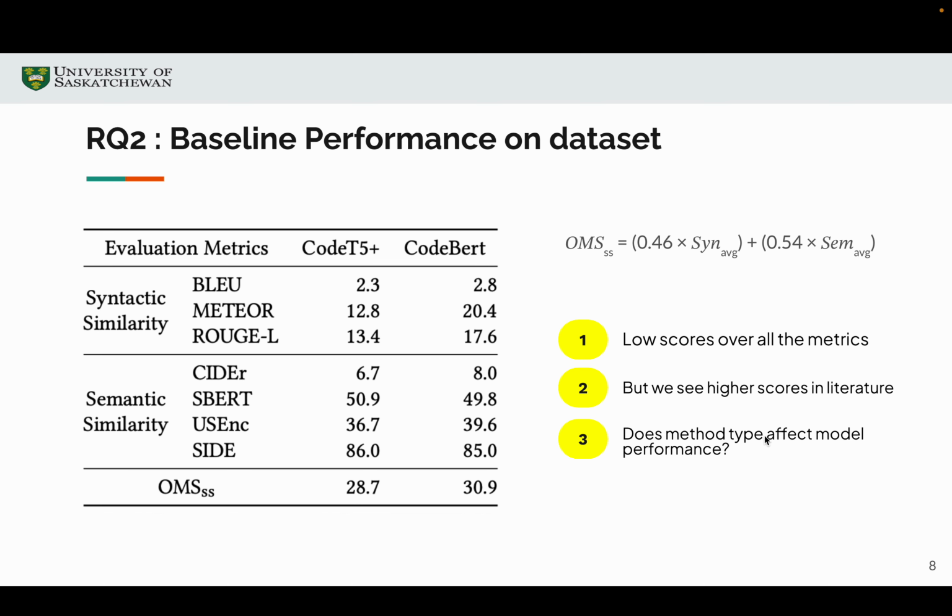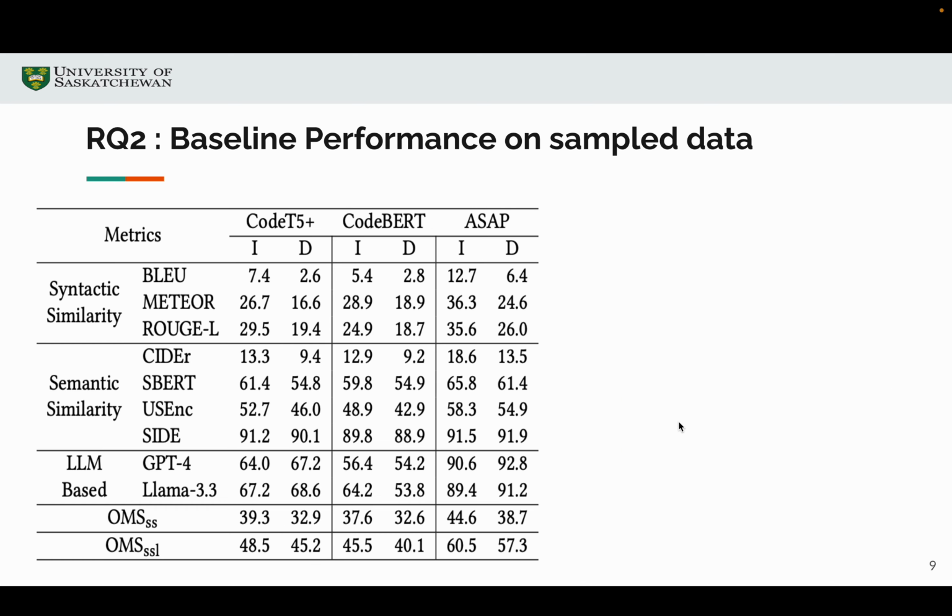So does the method type affect model performance? For that we divided the methods and again ran the baselines. This time we also included another baseline, ASAP, which is LLM based, and apart from the syntactic and semantic similarity metrics, we also included LLM-based evaluation, where we prompted GPT-4 and also Llama 3.3 to check the quality of the generated comments.